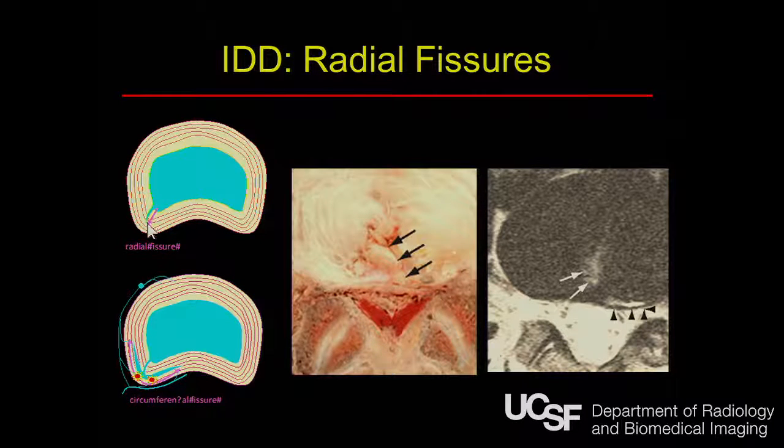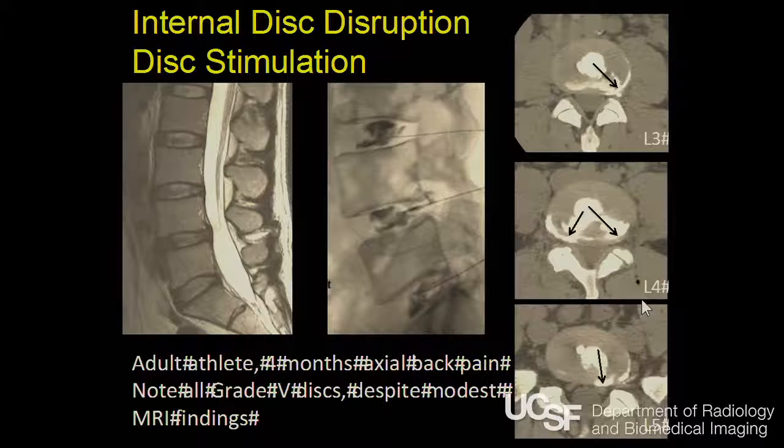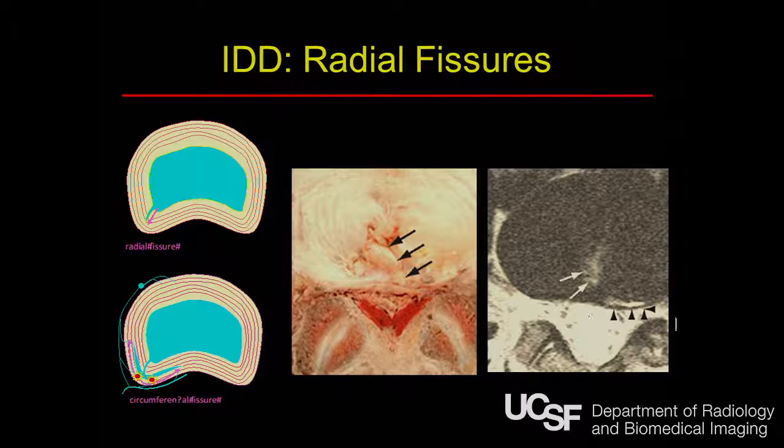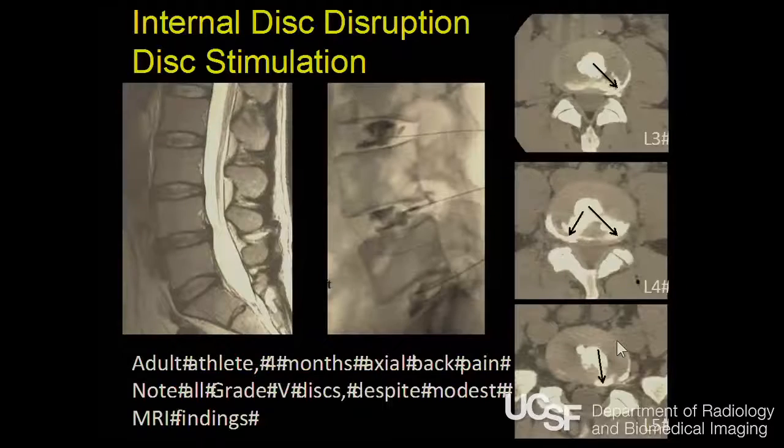The annulus fibers separate, and then you have these radial fissures that extend variably to the periphery of the posterior annulus and sometimes all the way to the epidural space. You can see on MRI manifestations of these radial fissures as bright T2 signal extending towards the posterior annulus. We'll talk more about the significance of this in a few slides.